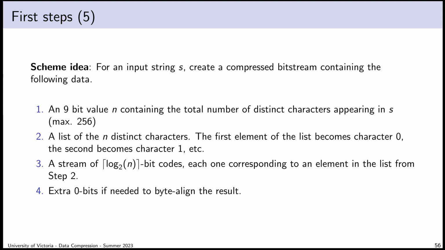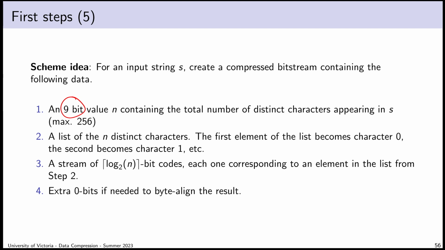So how many possible characters could occur? Well, there could be 1 possible character, there could be 15, there could be 28, but there could be as many as 256. So I have to tell the decompressor how many distinct characters occur. And if I want to represent the number 256, I have to use 9 bits, which is sort of weird. I can't use 8 bits because the largest 8-bit value is 255.